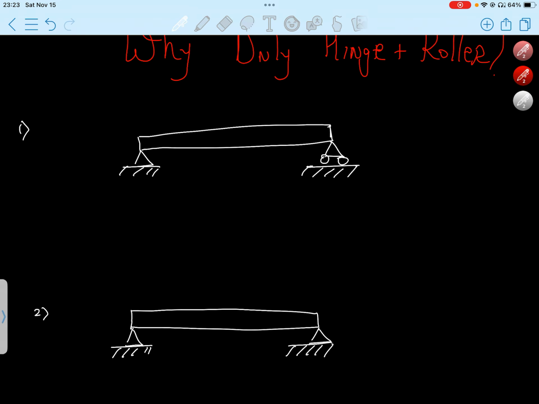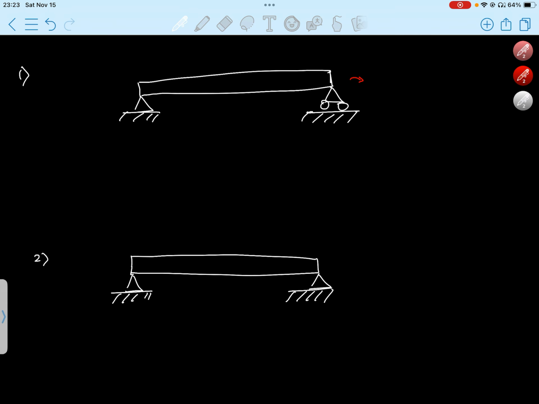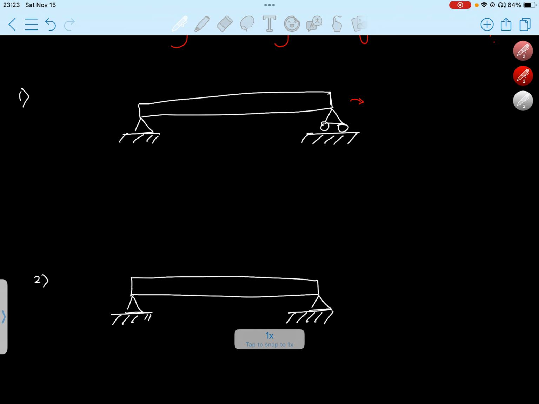Okay, let's get here. So if we take this diagram and we apply a purely vertical force on it, how about I replace these symbols with reaction forces instead?